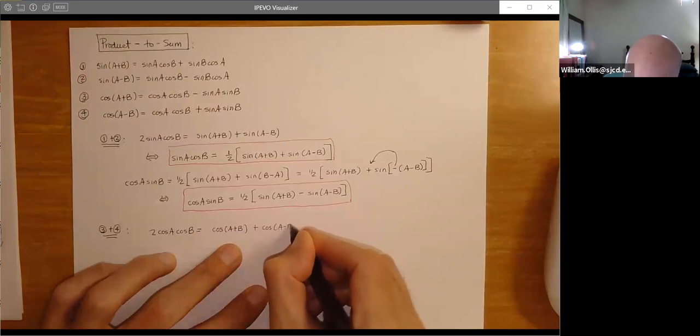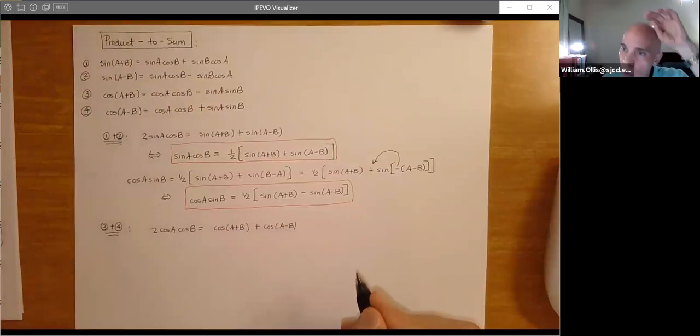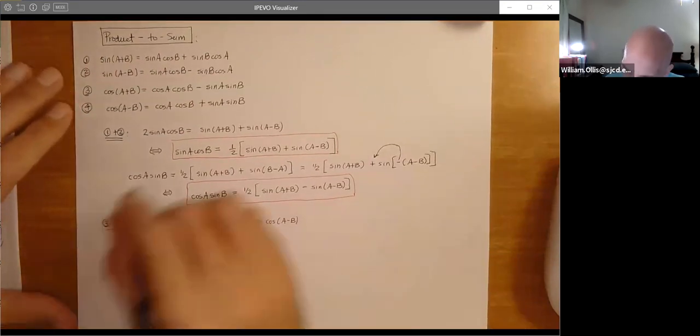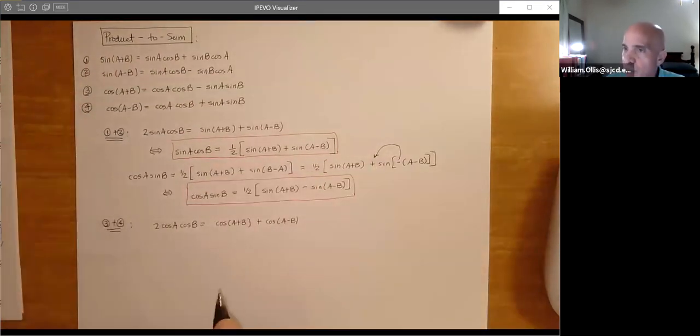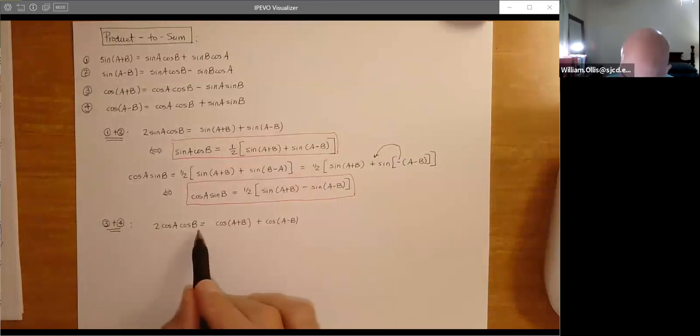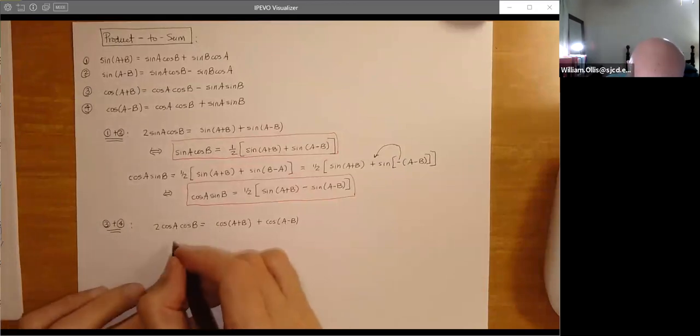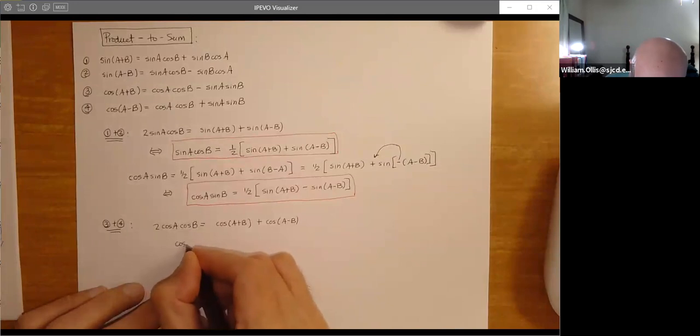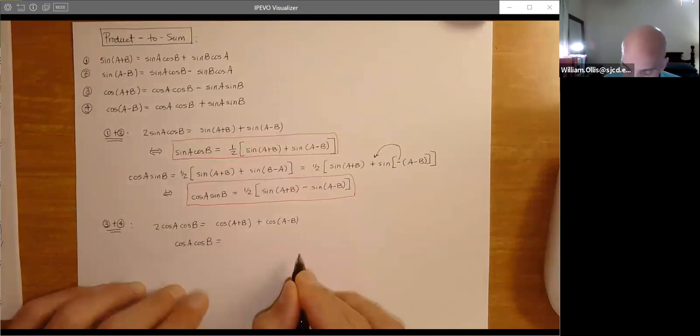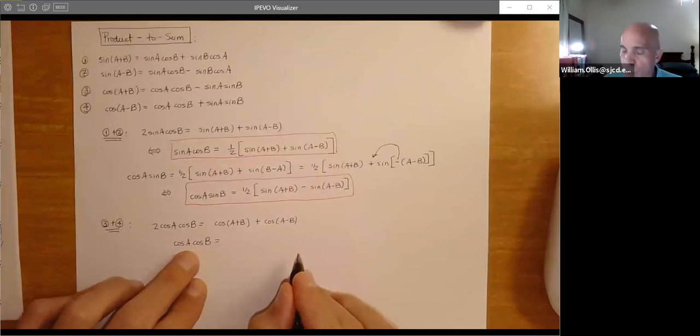So now we see how the algebra that you've learned all of these years, in Algebra 1, Algebra 2, is now at play with the trig, just the same song and dance. So notice here, we can just divide by 2. So we get a product of cosine functions. Again, this is not cosine squared. This is not power reducing.